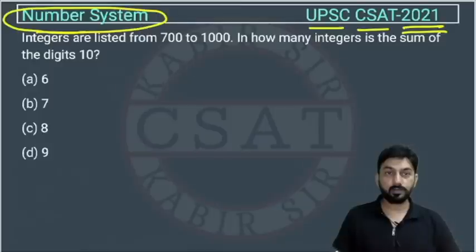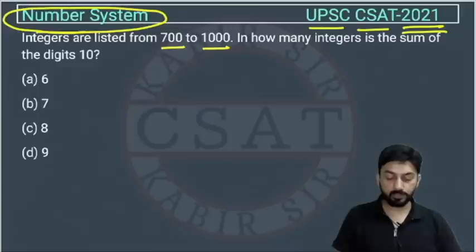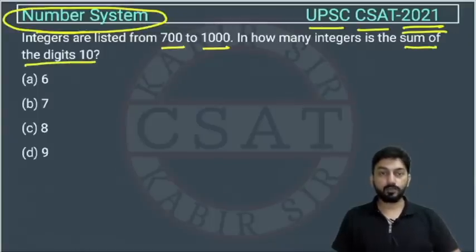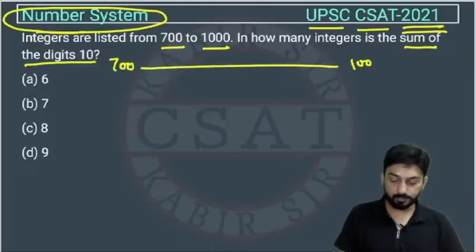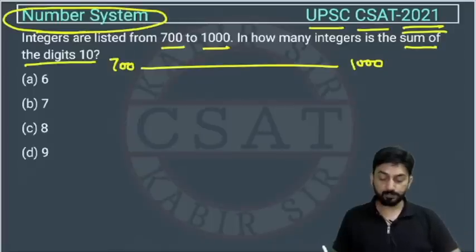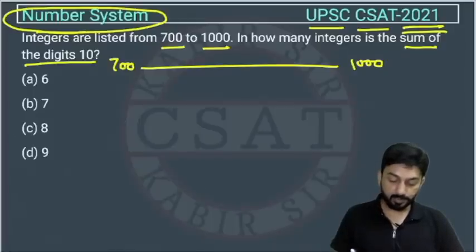Integers are listed from 700 to 1000. In how many integers is the sum of the digits 10? So the question is saying that from 700 till 1000, how many such integers will come in between whose sum of digits will be 10, right?